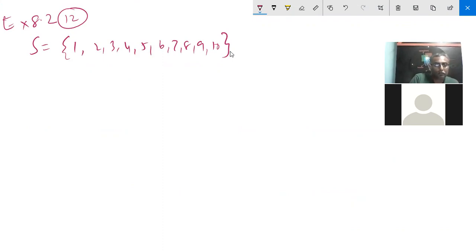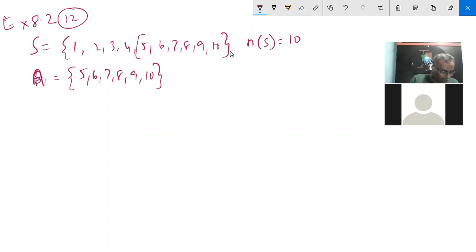Okay, now the new sample set is more than 4: 5, 6, 7, 8, 9, 10. Original n of S is equal to 10. Let us put this event. It is known that the number on the drawn card is more than 4. More than 4 is drawn, then n of A is equal to 6.